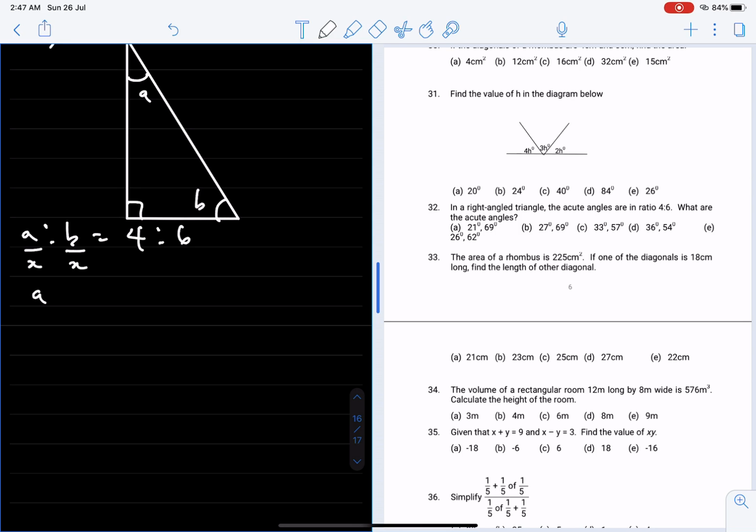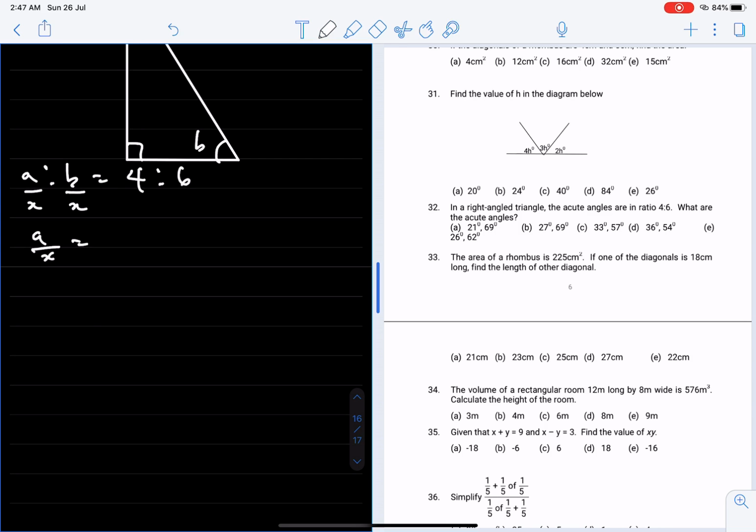And that simply means A over X is 4. Of course, you understand what I'm doing. When you work with ratios, if I say the ratio 10 to 20 is 5 to 10, that simply means I've divided both of them by 2.